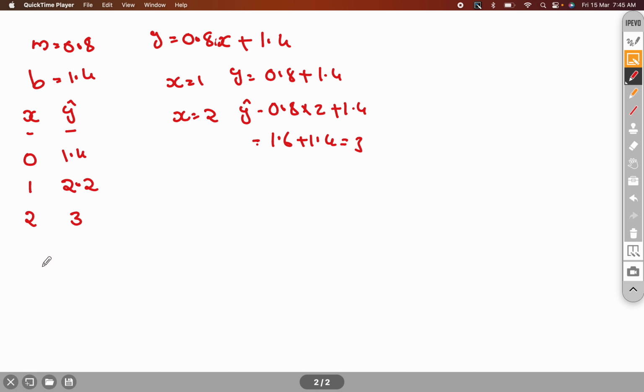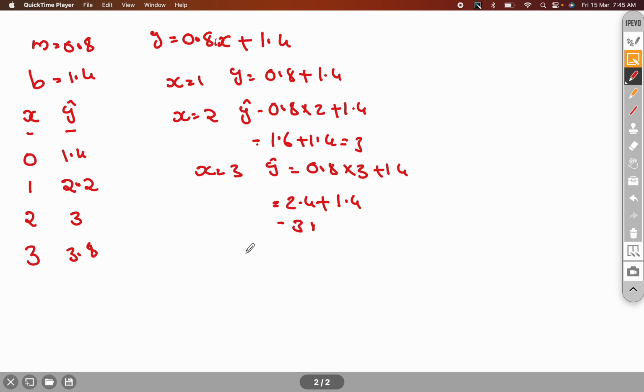Then for x equal to 3, y cap will be 0.8 into 3 plus 1.4, that is 2.4 plus 1.4, which is equal to 3.8.